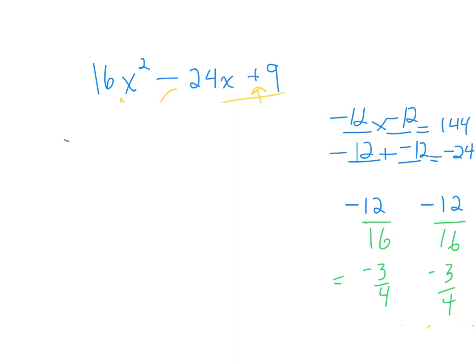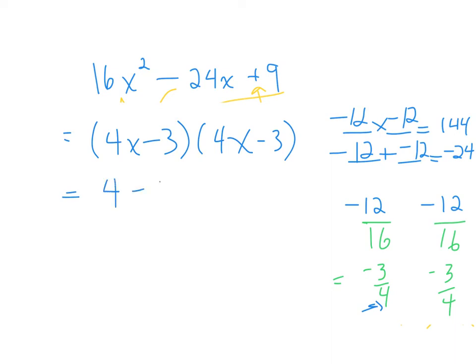Then setting up my brackets, I'm going to have 4x, that 4 tells me my coefficient of x, minus 3, and then 4x minus 3. At this point, you notice that both of those factors are the same. So I can simply write that as 4x minus 3 all squared.